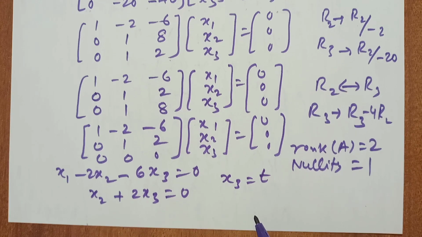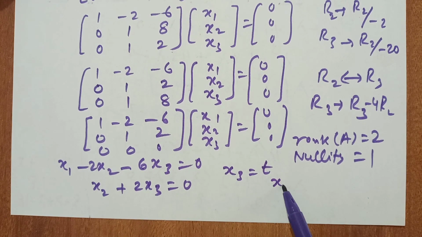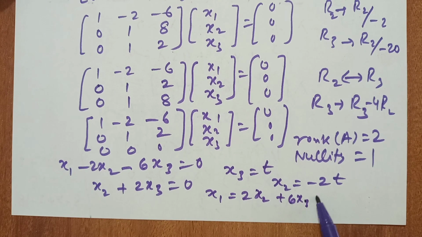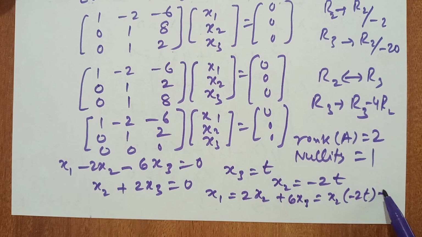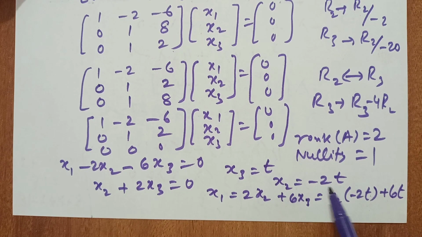There are infinite number of solutions, you remember. So x2 is equal to minus 2t.